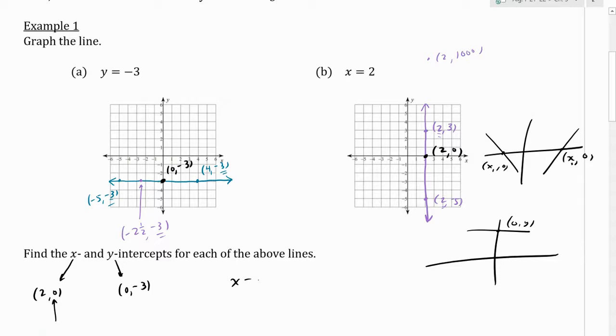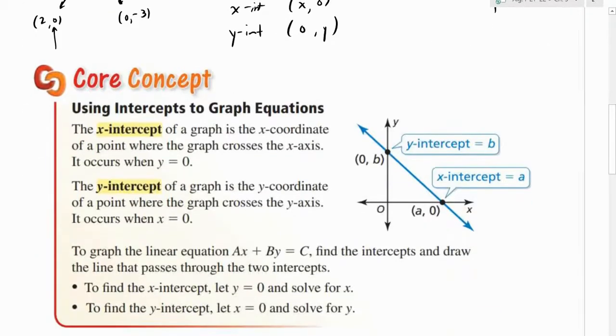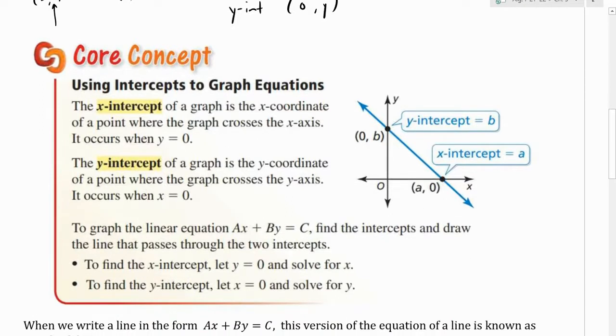So for an x-intercept, there's some x value and a 0 for y. For a y-intercept, there's some y value and a 0 for x. That's all this says. It's just the synopsis from the book: if your y-intercept is b and your x-intercept is a, then the x-intercept is at (a, 0) and the y-intercept is at (0, b).